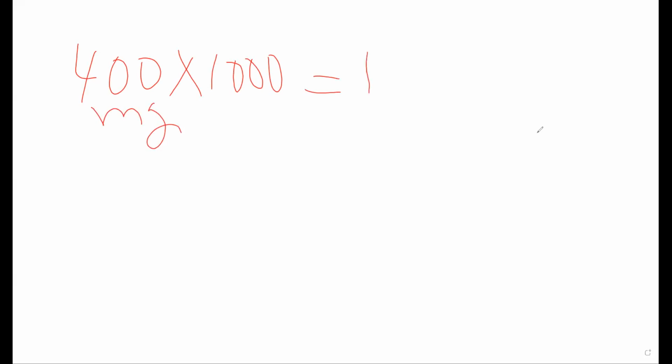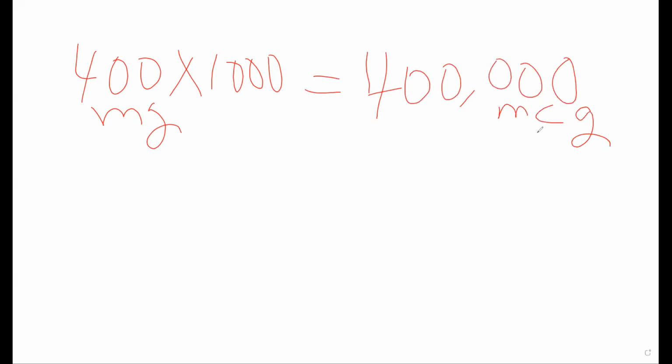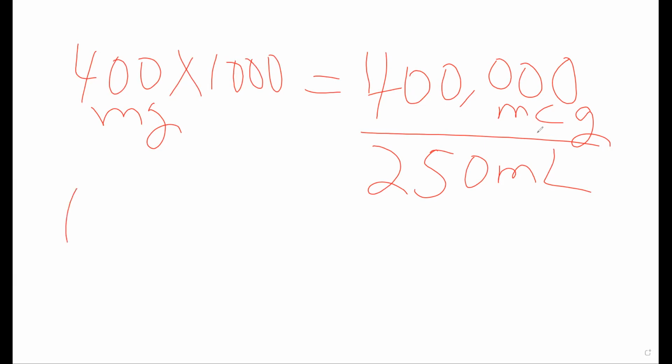And that gave me 400,000 micrograms, okay? And then I divided that by 250 because it's in 250 mLs. Okay, so I needed to divide that in order to figure out how many micrograms per ml. And that gave me 1,600.